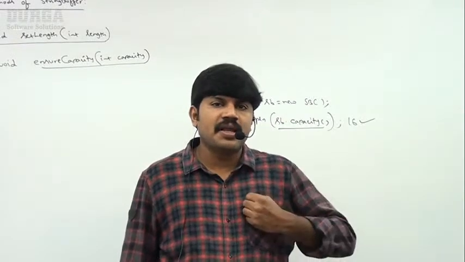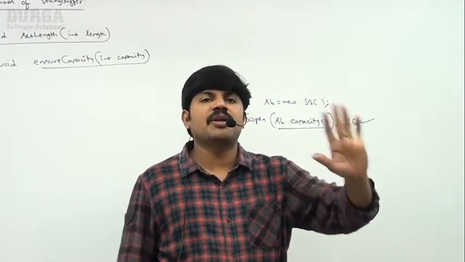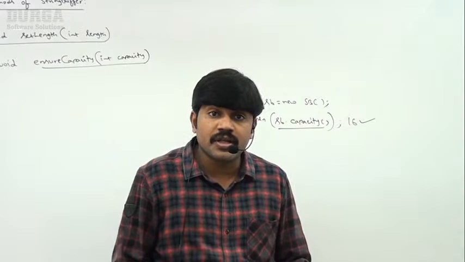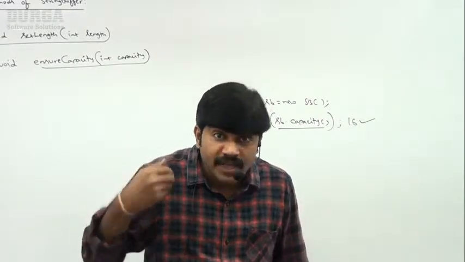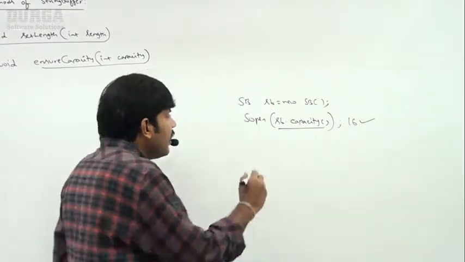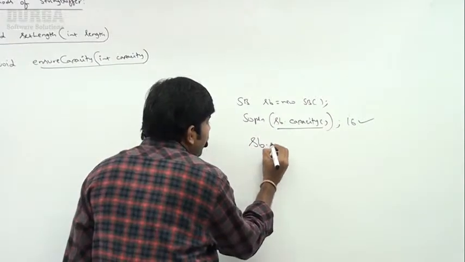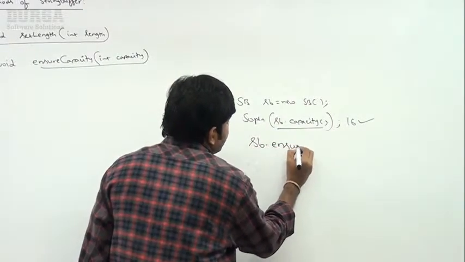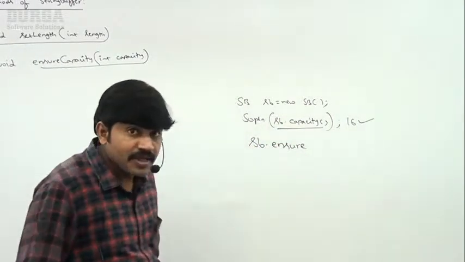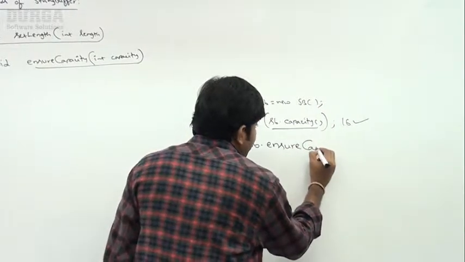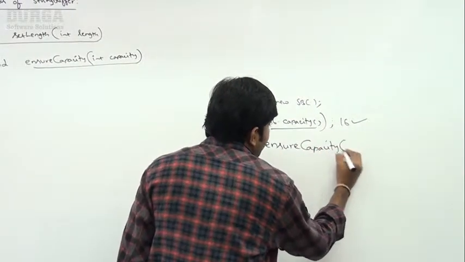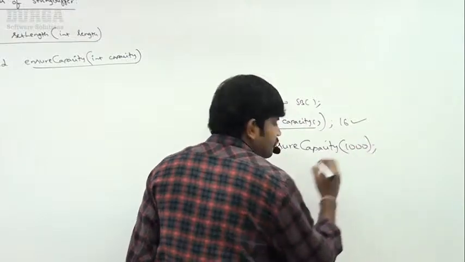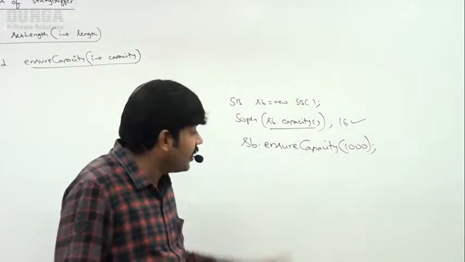Can you please increase the capacity dynamically based on your requirement? Sir, I want to increase up to 1000. I want 1000 capacity. Then sb.ensureCapacity of 1000. Are you getting how much capacity I ensured?